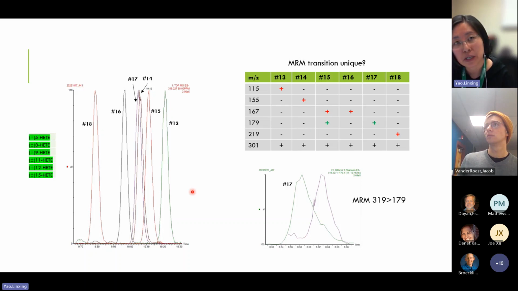So when we run a real sample that has both number 17 and number 15 present, you're probably going to see a double peak like this, where part of the signal is from 17, but the other part is contributed from compound 15. But there's another way we can work around this. For example, we can use peak height to calculate instead of peak area.